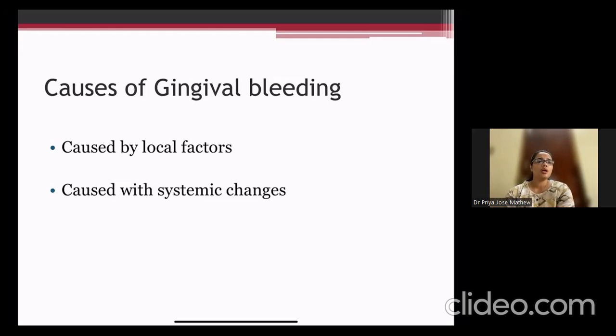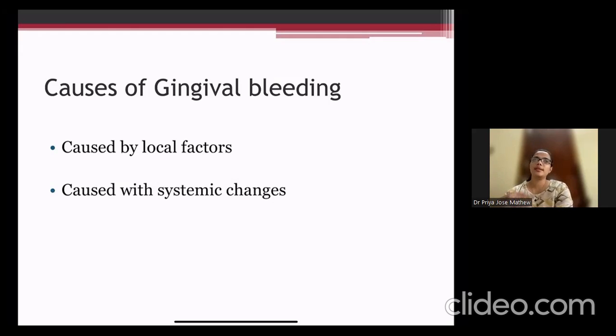Now, what are the causes of systemic changes? Systemic changes, we know that if the patient is having hemorrhagic diseases, or hemophilia, or bleeding disorders, or the patient is having any platelet disorders, thrombocytopenic purpura, or the patient can have systemic conditions like pregnancy and all, there is more chances of bleeding.